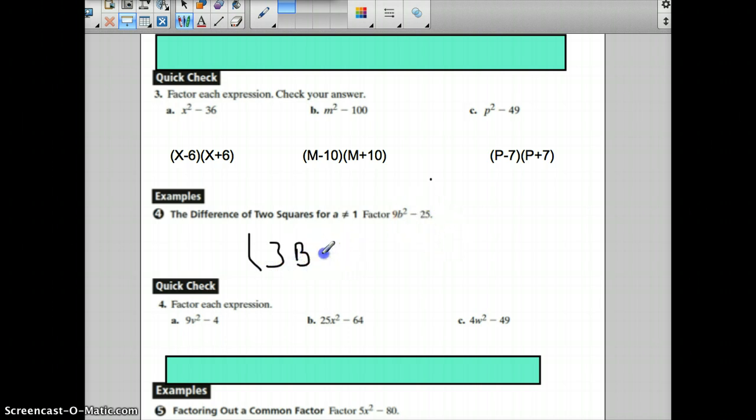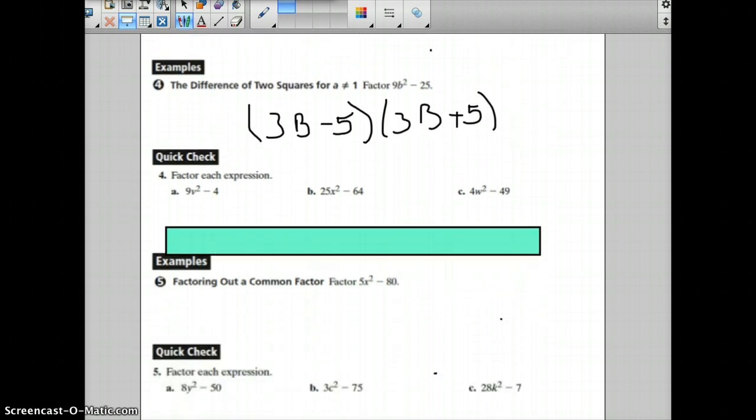And then one is going to be minus 5, and the other is going to be plus 5. And again, you've got to think about your outers and inners as you move forward. Go ahead and try the quick checks.